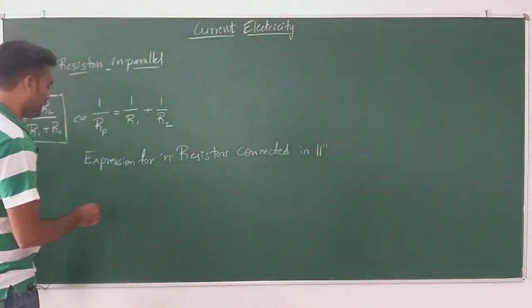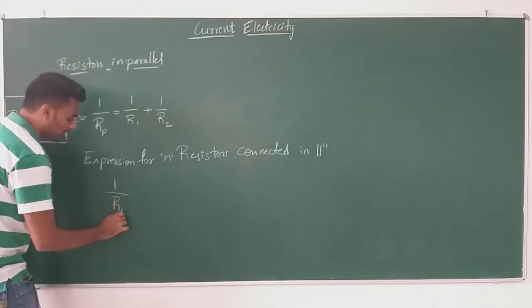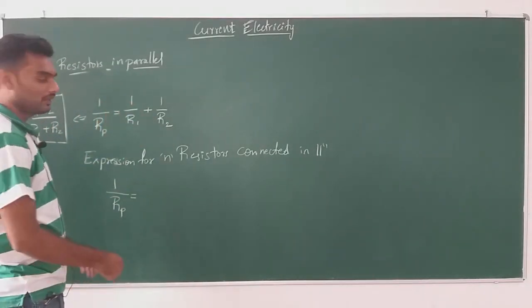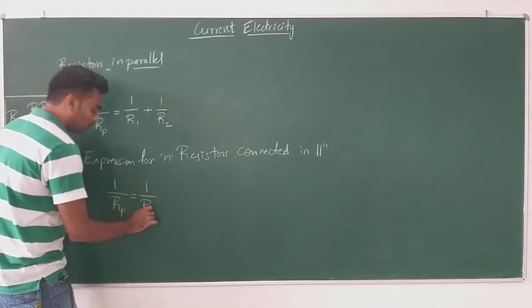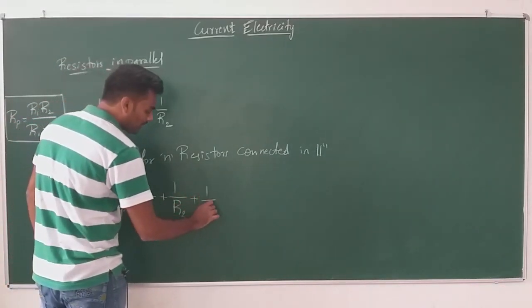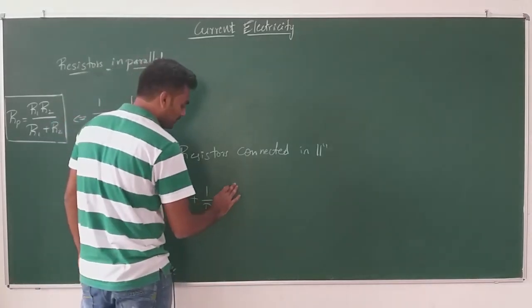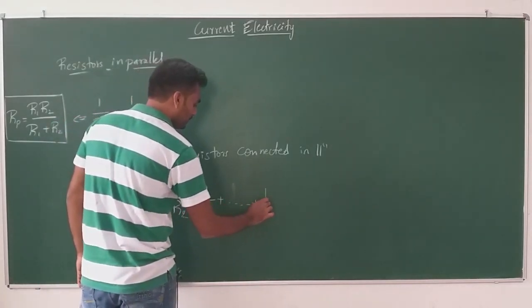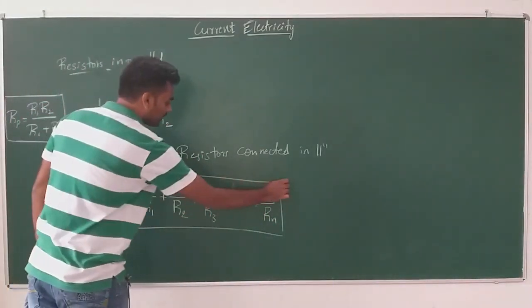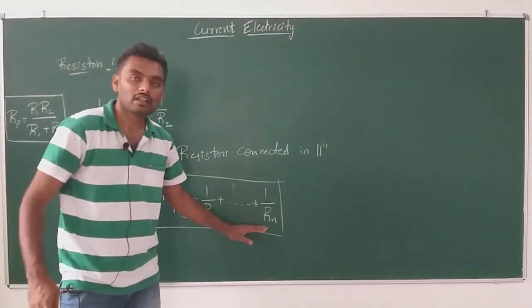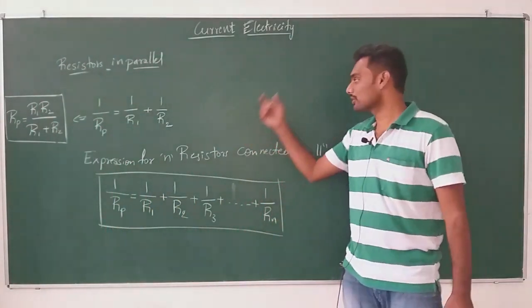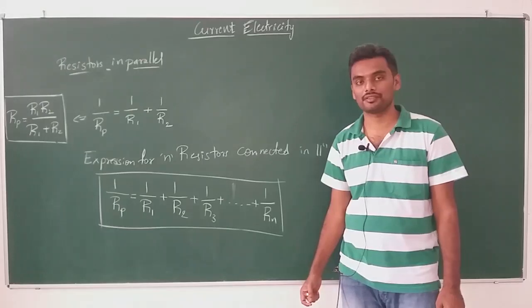The expression becomes 1 by Rp, the equivalent resistance of all those n resistors connected in parallel, is equal to 1 by R1 plus 1 by R2 plus 1 by R3 plus and so on, plus 1 by Rn, where R1, R2, R3, R4 and so on, Rn are the resistances of resistors used in the parallel combination, right.